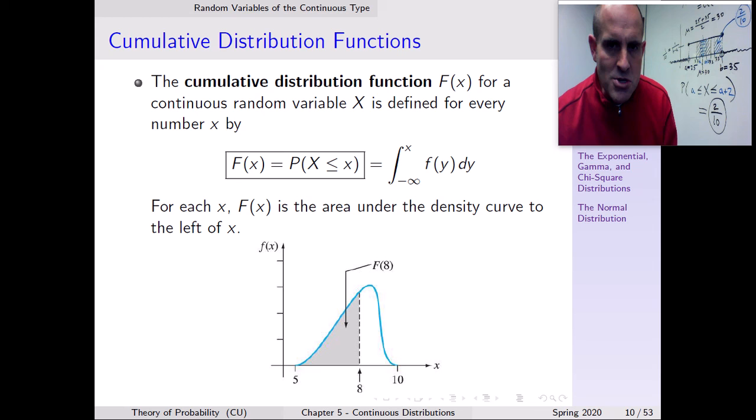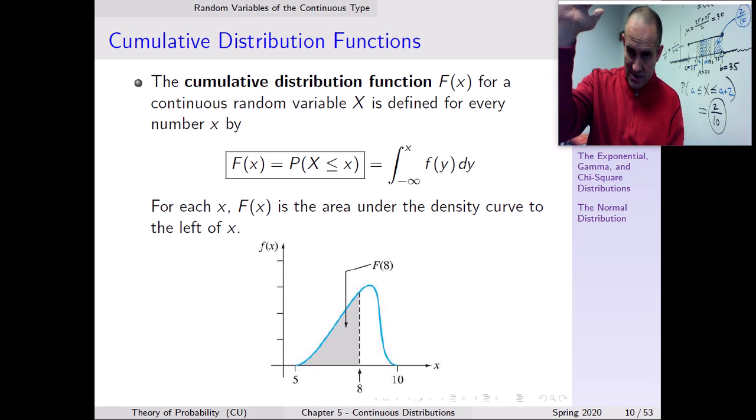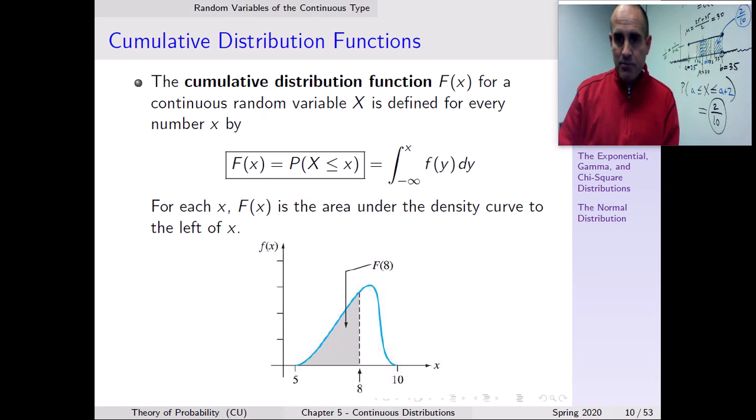So the cumulative distribution function, big F of x, which is the probability that capital X is equal to or less than x, is going to be the integral from all values below x all the way up to x. You integrate the density dy, and please be careful not to use x as the variable of integration.